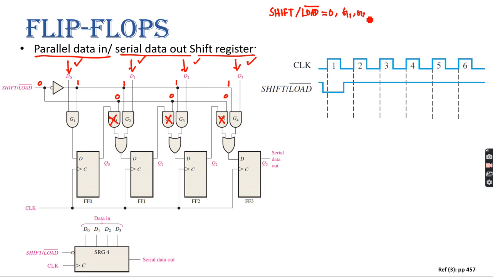G1, G2, G3, and G4 will be on, meaning since one of the inputs of G1, G2, G3, G4 is 1, whatever you give as D0, D1, D2, D3 will come as an output here, right? D0, D1, D2, and D3 will come as an input to this flip-flop. You got my point, right? Yes, sir.